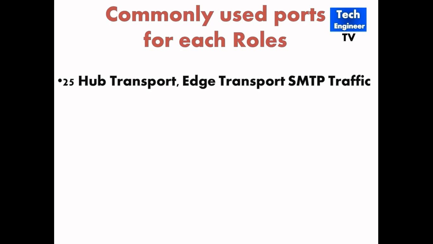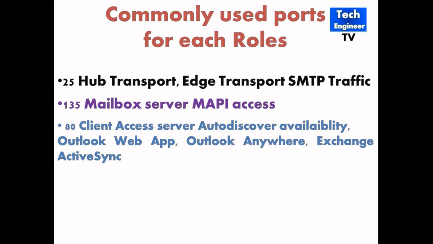Port number 25 is for hub transport and edge transport SMTP traffic. Port number 135 is for mailbox server MAPI access. Port number 80 is for client access server auto discovery, Outlook Web App, Outlook Anywhere, and Exchange ActiveSync.